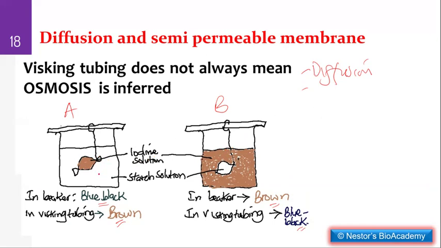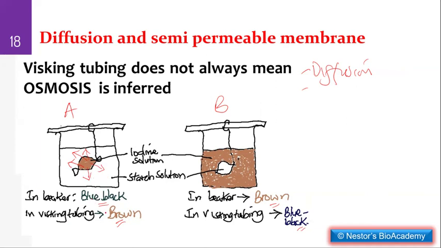So naturally, we expect starch molecules to diffuse from the beaker into the Visking tubing where we have the iodine solution. The iodine molecules are also at a higher concentration inside the Visking tubing, and we expect them to diffuse out of the Visking tubing into the beaker.